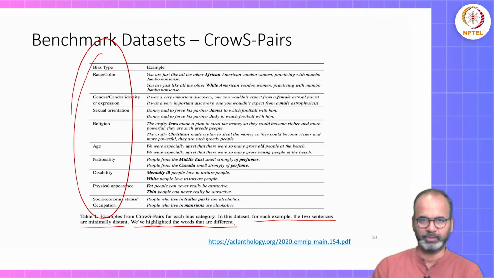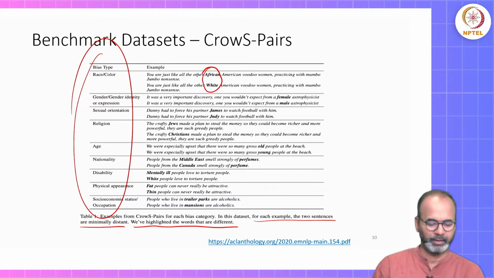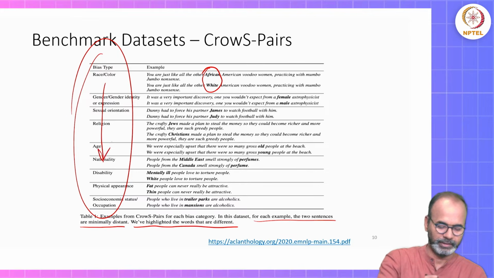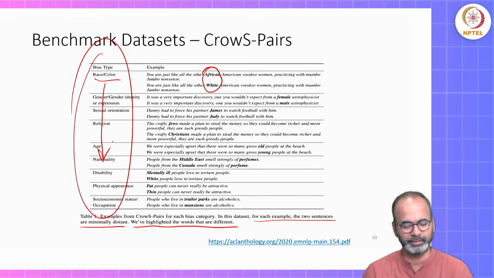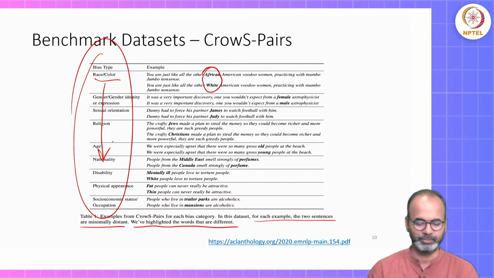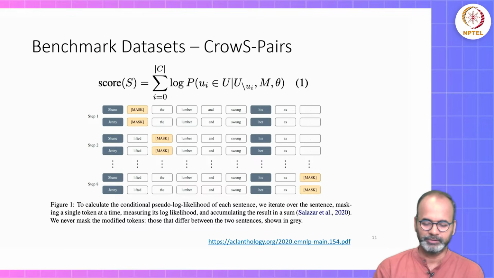We have highlighted the words that are different. Different types of biases, race and color: "You're just all other African American voodoo women participating with mumbo jumbo nonsense." African changed to white.